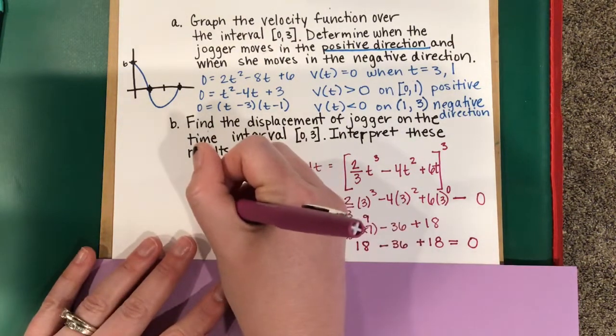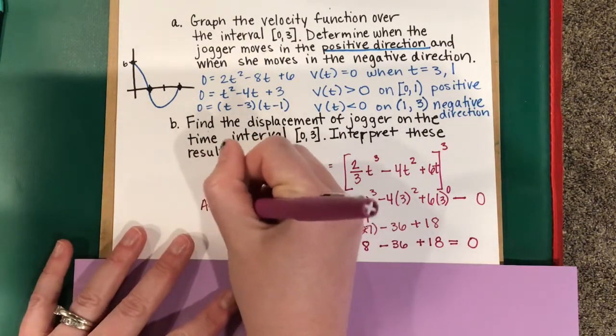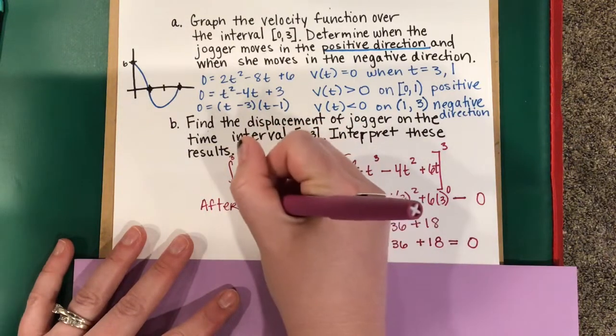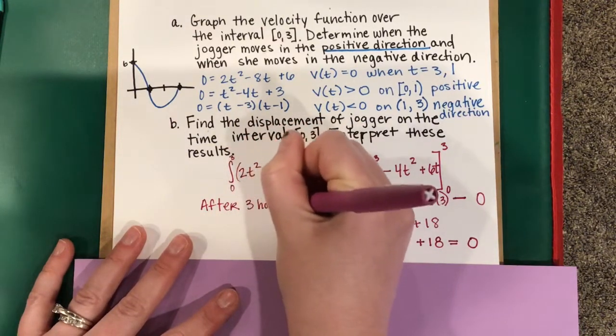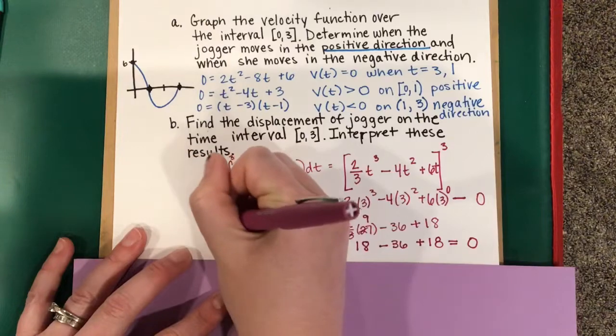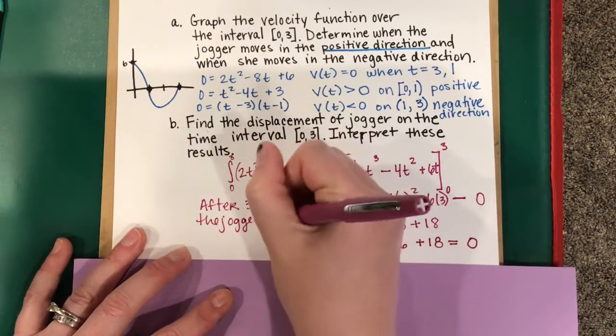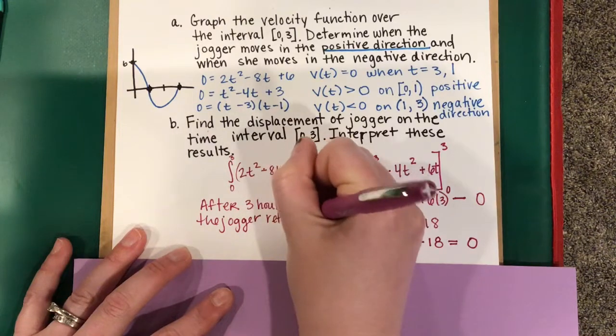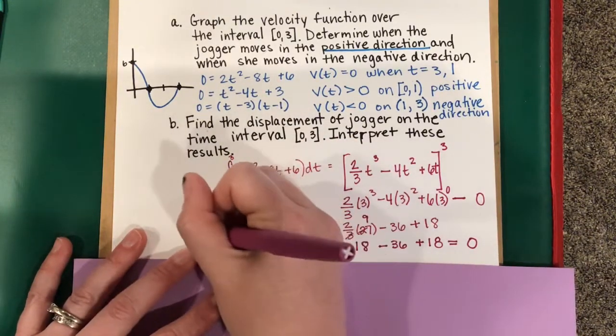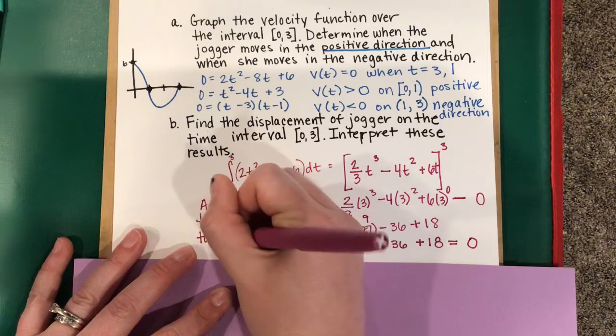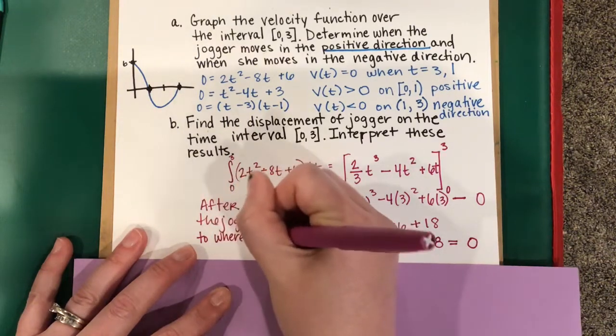Well, in this case, it means after 3 hours, the jogger returns to where she started.